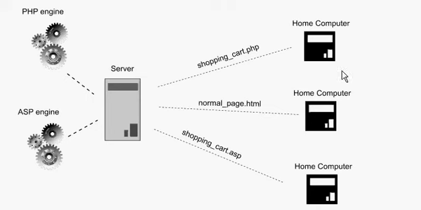At no time does the home computer see or process any PHP code. That's the main distinction. A server-side language is all processed on the server. On the flip side, you have client-side languages like JavaScript. When we're talking about the client, we're talking about the home computers. Client-side languages actually run in the client.